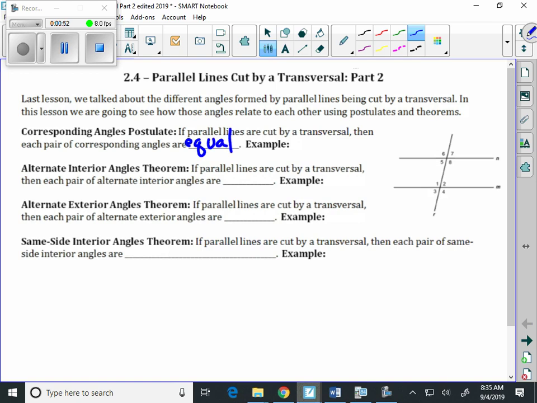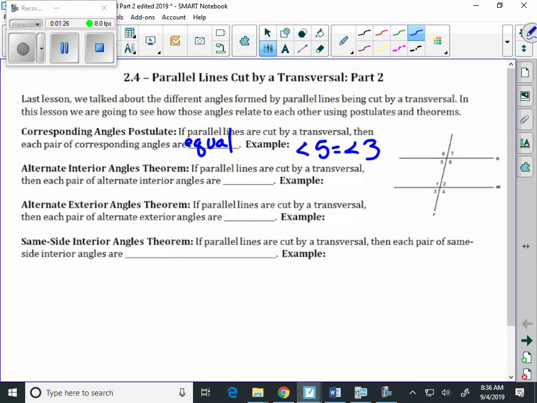If we look at a specific example over here, angle 5, which is to the left of the transversal and underneath the parallel line, and angle 3, to the left of the transversal and underneath the parallel line. Angle 5 is equal to angle 3. Corresponding angles are equal, if we want to keep it simple.